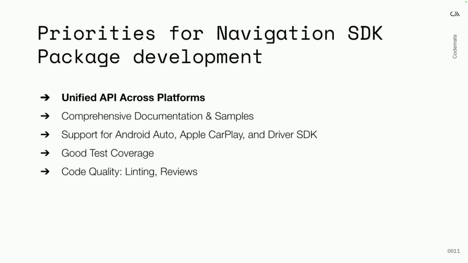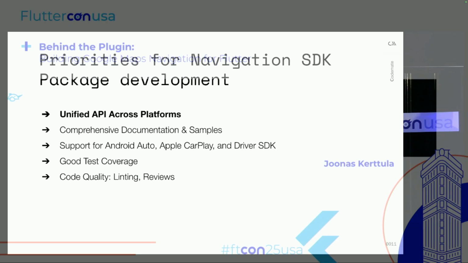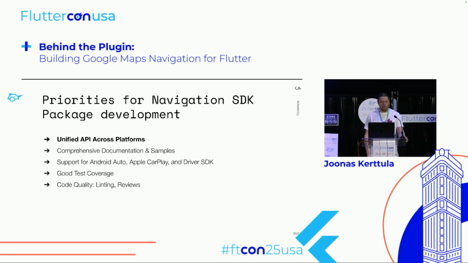There are some flags and features which are made only for one platform, but mostly we have been able to create a unified API. This is crucial because on the official iOS and Android SDKs, some areas are made differently, and this Flutter API combines those into the same API.